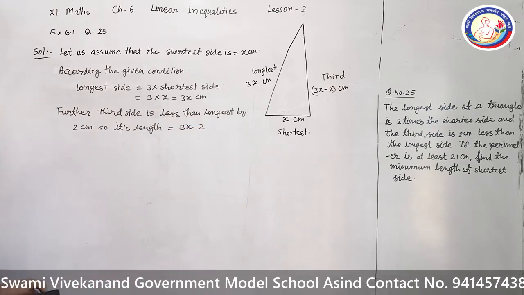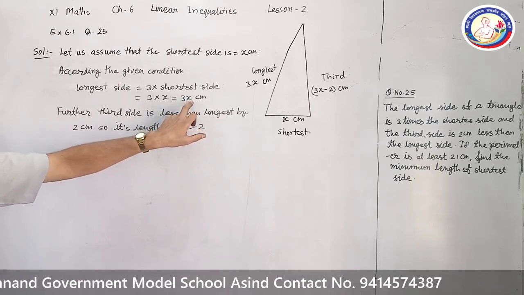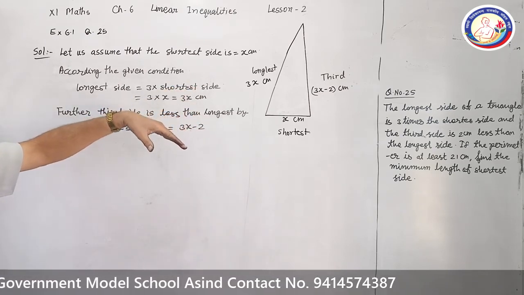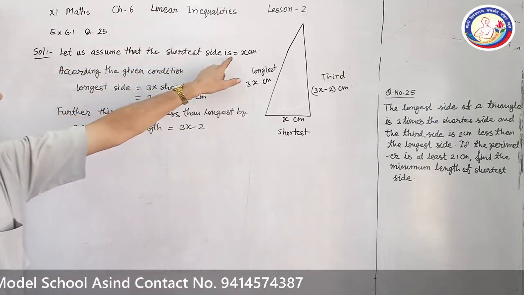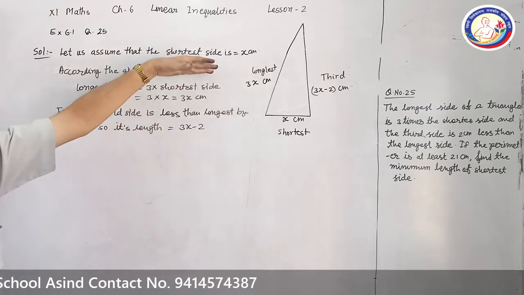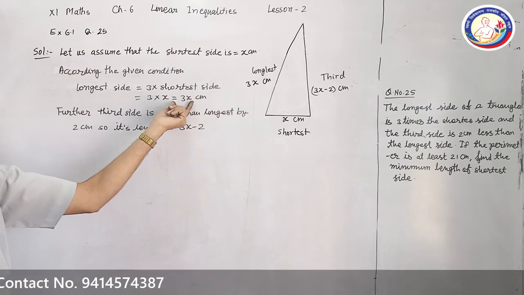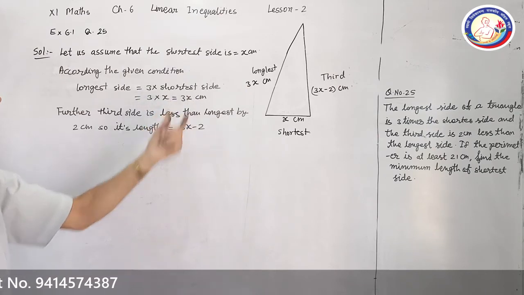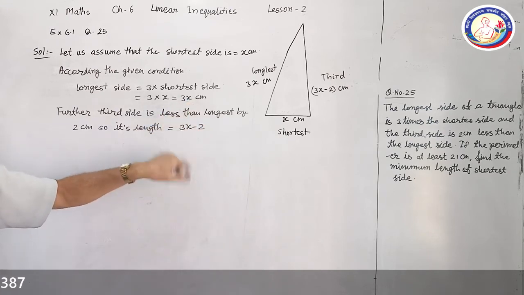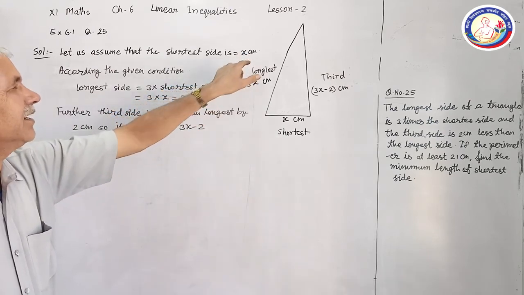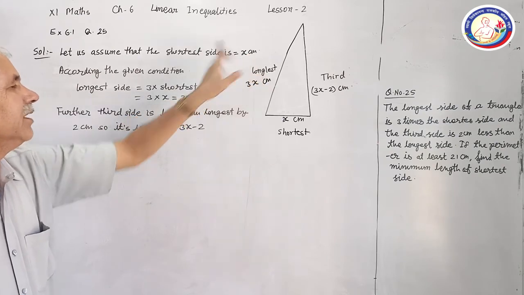Subtract 2 from 3x because this third side is 2 centimeters less than the longest side. Again, understand this. I assumed the shortest side to be x centimeter. Then the longest side is 3 times, so I multiplied it by 3. Now the remaining third side is 2 centimeters less than this. So I started with the shortest side to make the solution easier.